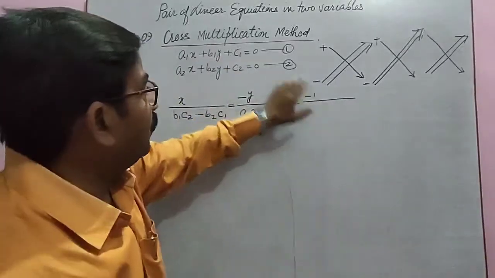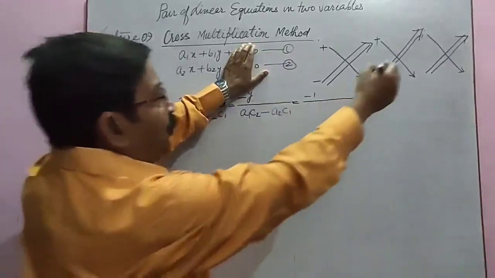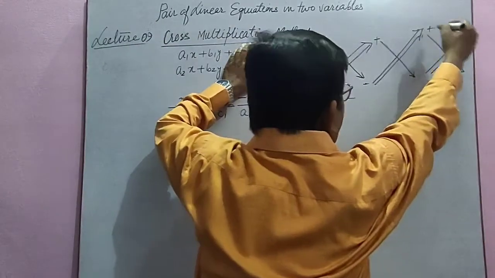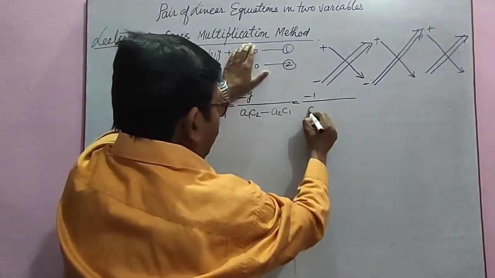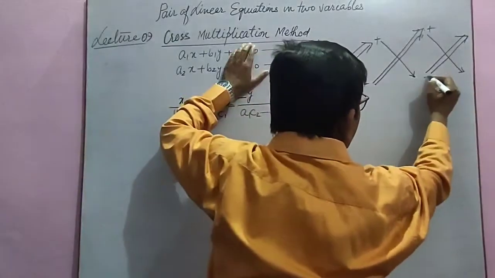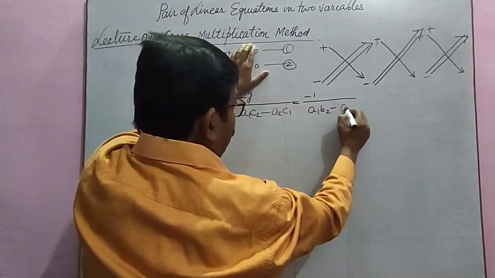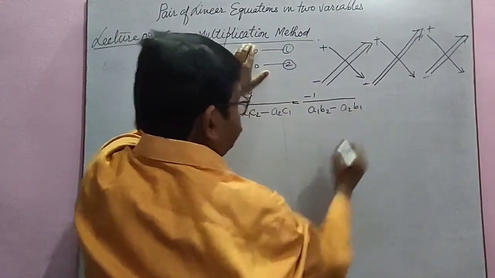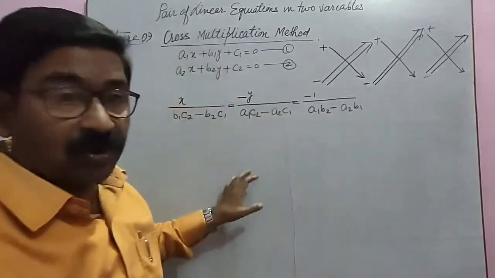For the constant term, hide the constant and again multiply top to bottom. This is positive, a1 b2, minus again bottom to top, a2 b1. This is how we can multiply cross.